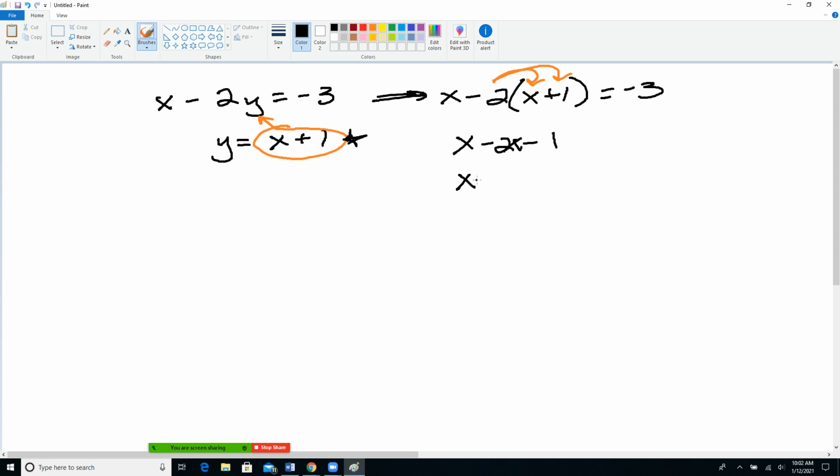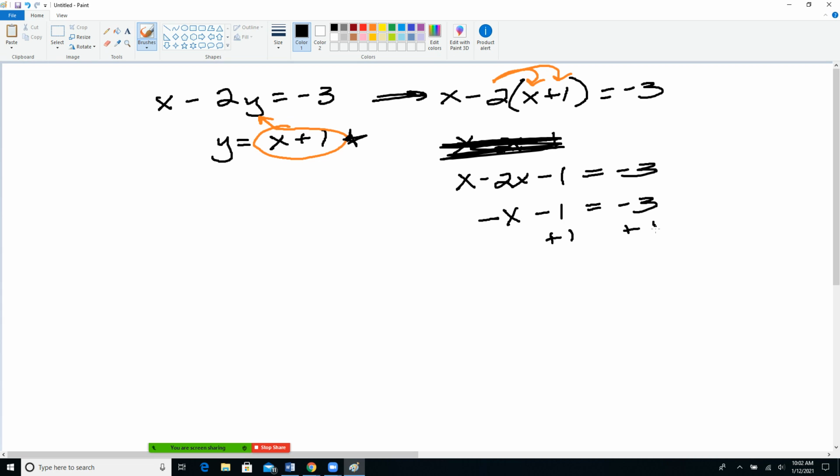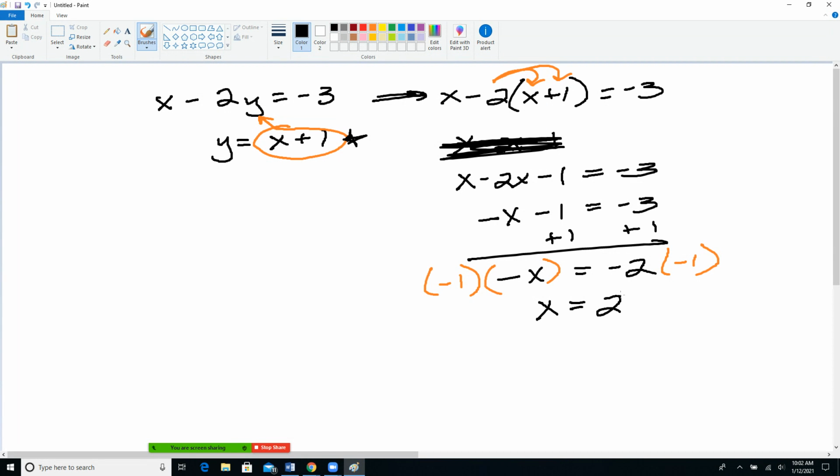That's pretty ugly. So x minus 2x minus 1 equals negative 3. Combine my like terms. X minus 2x is negative 1x. Minus 1 equals negative 3. Plus 1. Negative x equals negative 2. I can't have a negative x, so I have to multiply both sides by negative 1. And I get x equals 2.